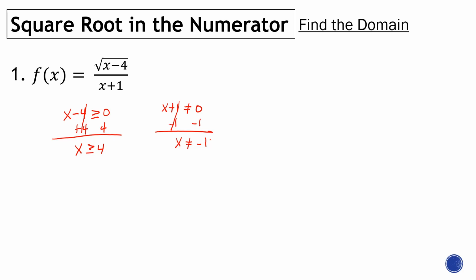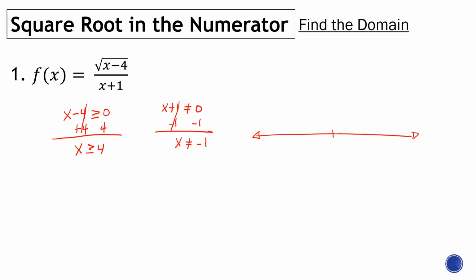To find the intersection of these two, I think it's better if we have an illustration, so let's draw this number line to locate those numbers that we will include and those numbers that we will exclude. So this is our number line. Our objective here is to find the intersection of those two.